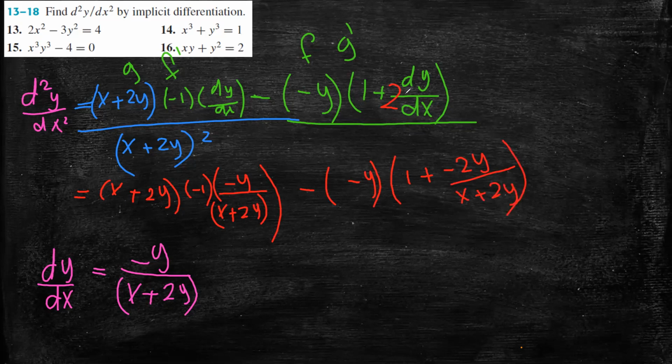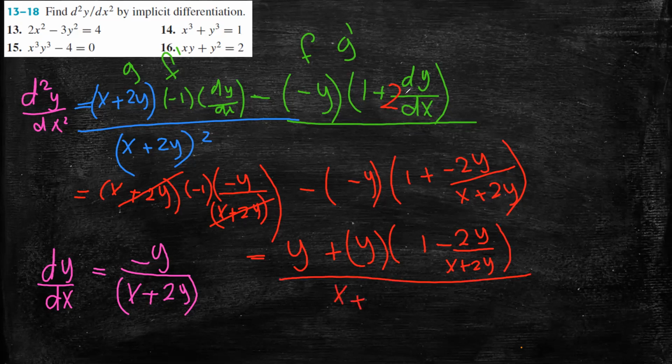Now let's simplify them. We have y plus y times 1 minus 2y over x plus 2y, over now x plus 2y squared.